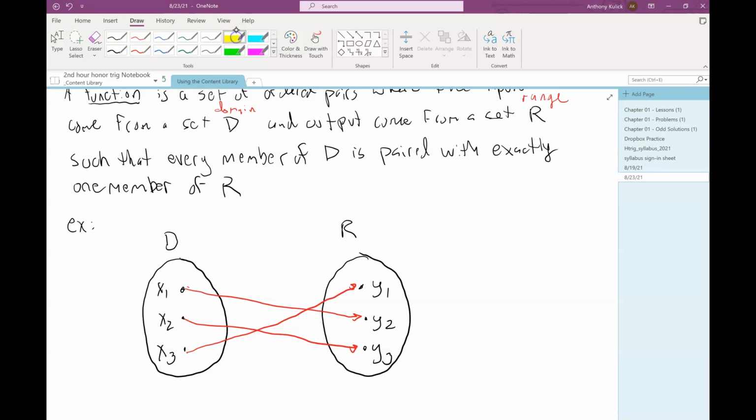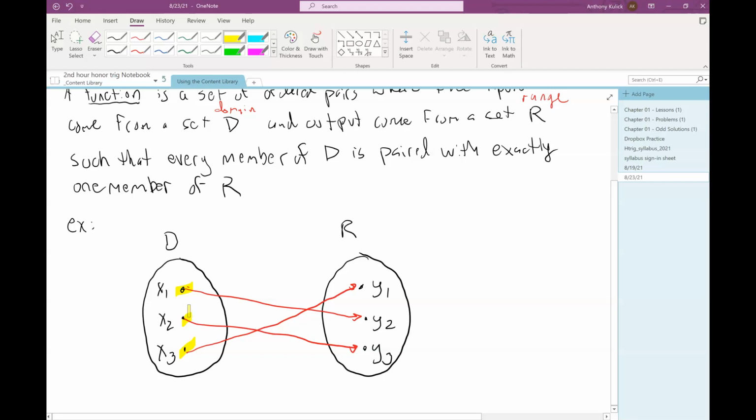So let's use our definition above to try to decide whether this is a function or not. The first thing we need to check is that every member of X is paired. If I go through and look, each member from the domain is paired with something.